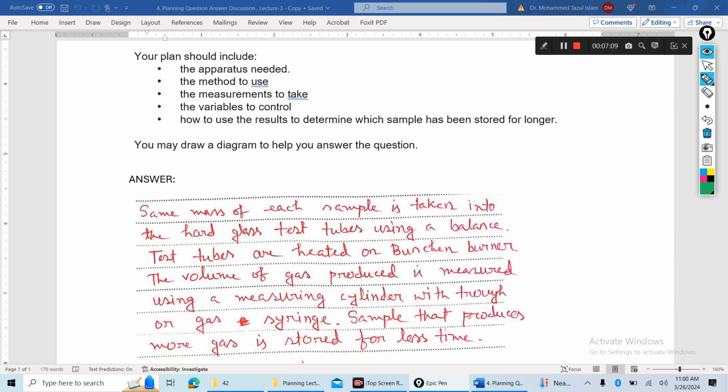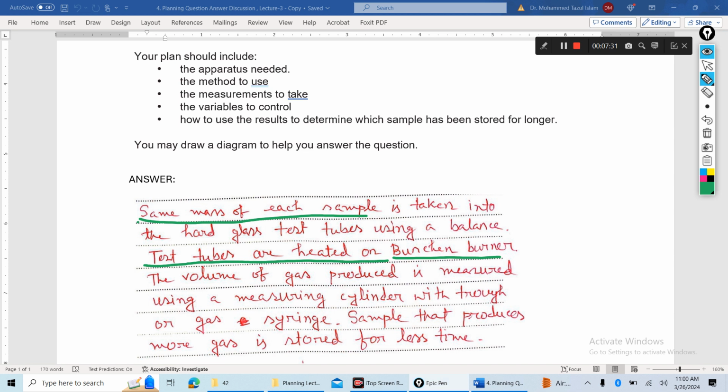So now you see, same mass of each of two samples is taken into two hard glass test tubes using a balance. Then test tubes are heated on Bunsen burner.